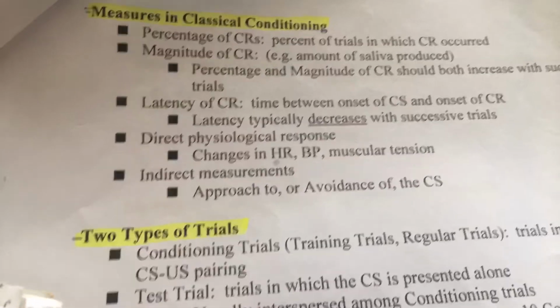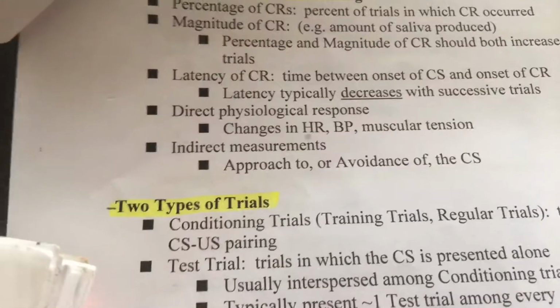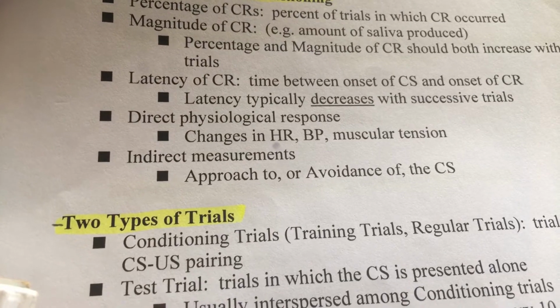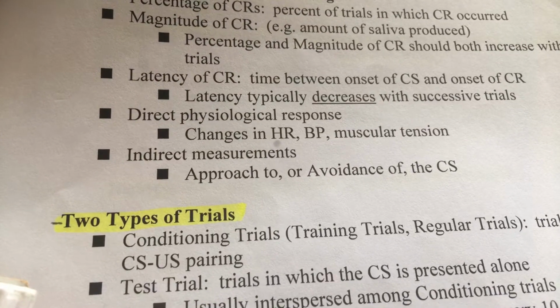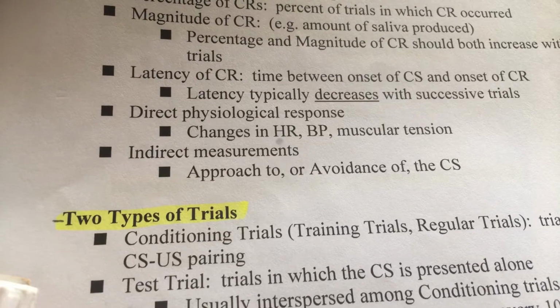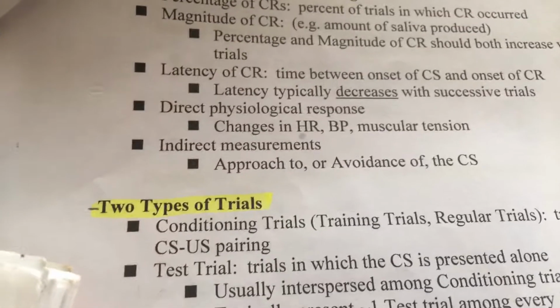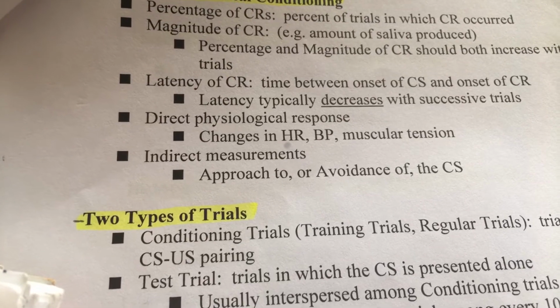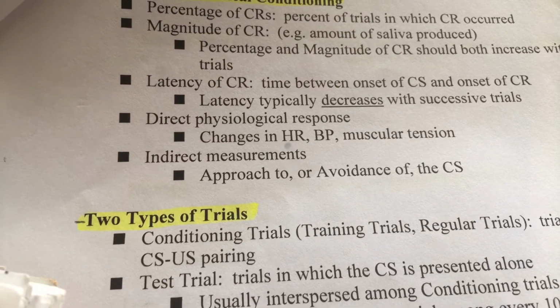Now, the indirect measurements would be if you need to get results and it's not as easy to get results. So sometimes it's easier to get indirect measurements, which would be avoidance or approach at the sight of a CS.